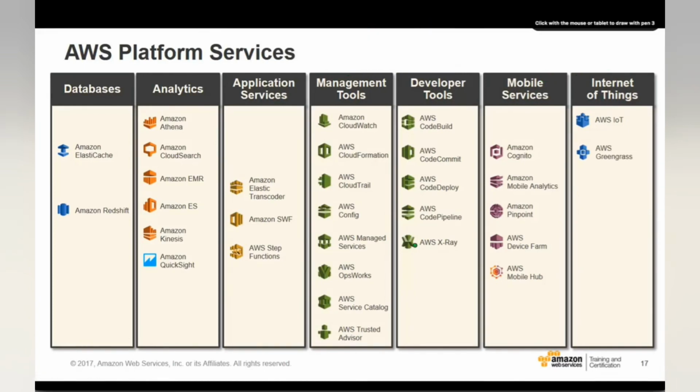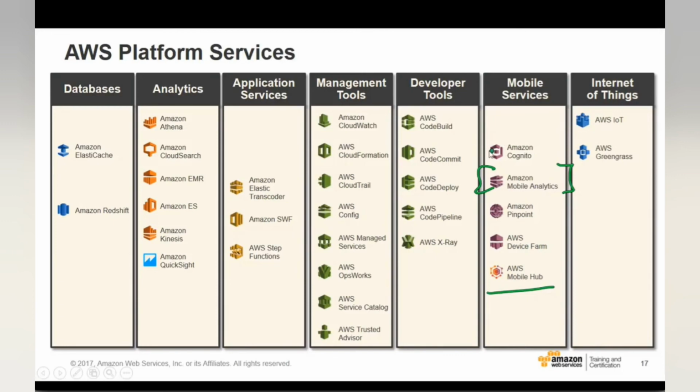As far as mobile services go, when you start building mobile applications, we recommend using Mobile Hub. This is going to give you a load of working code to get up and running real fast. It coordinates many aspects that are involved with mobile development, such as analytics, finding out who's doing what inside your application, Pinpoint in terms of sending emails out and actually getting your messages to your users, and even testing your application on real devices.